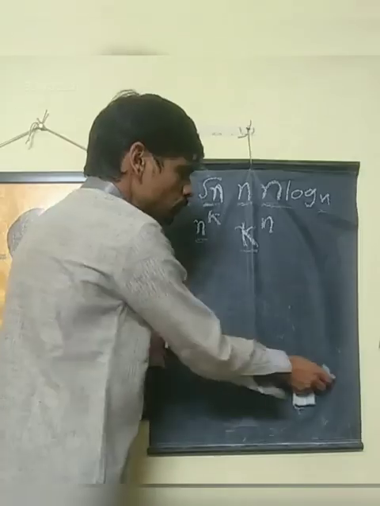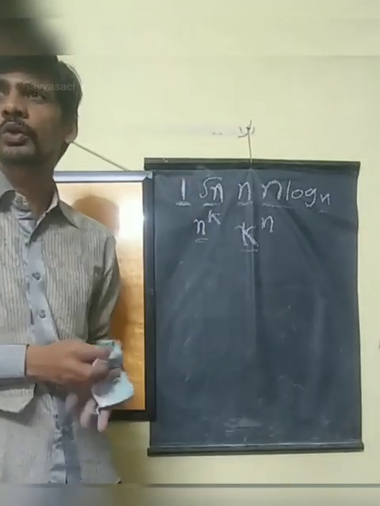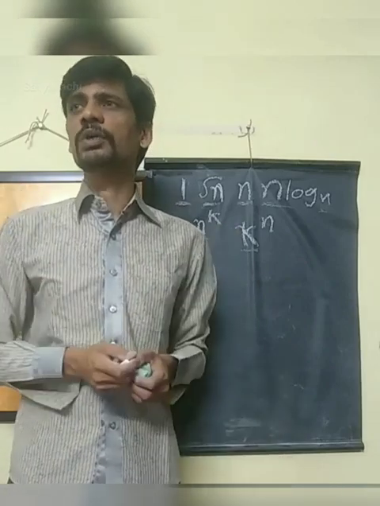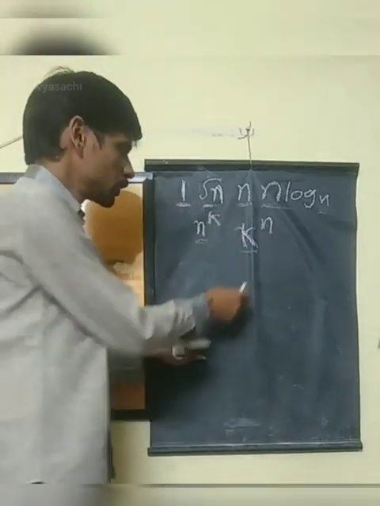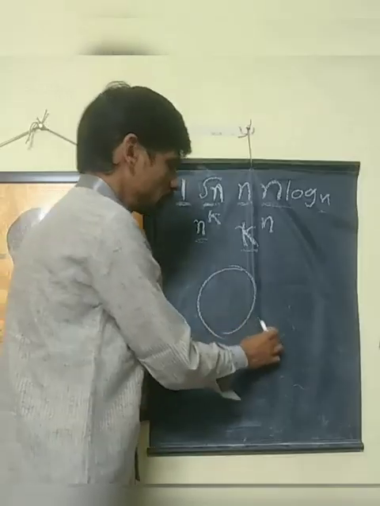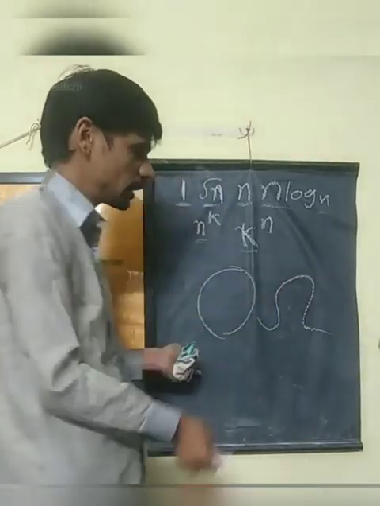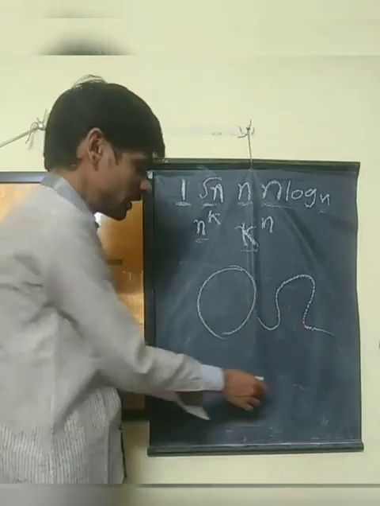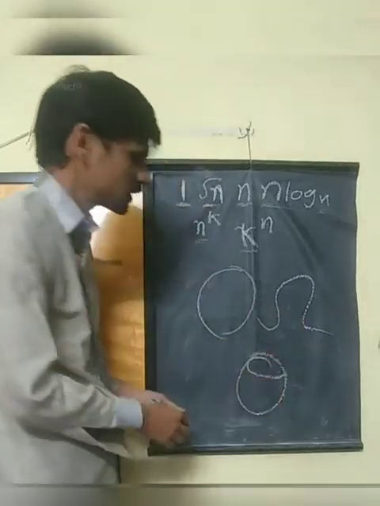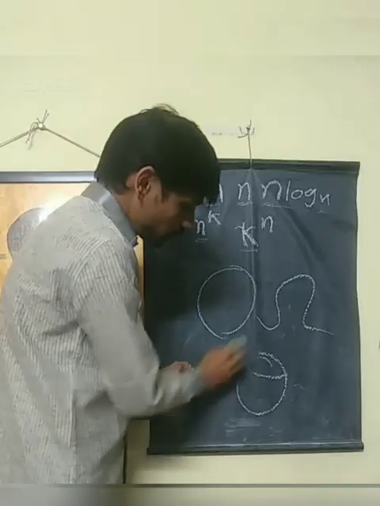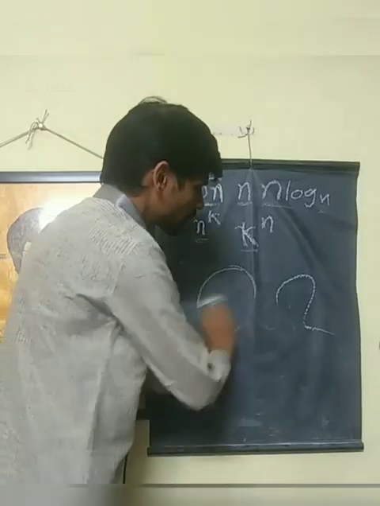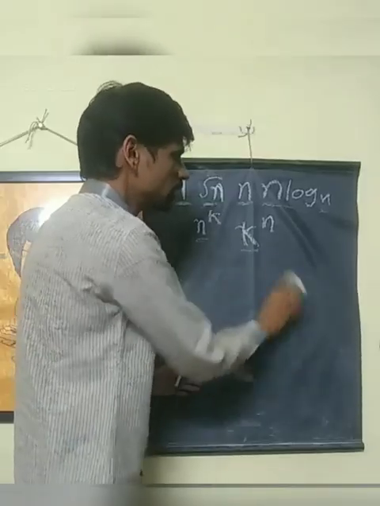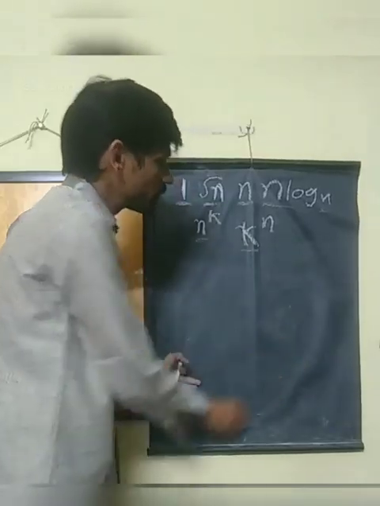So to make sure everyone follows the same way of representing the complexity, we have big O, big omega, and theta notation. We will learn what exactly is meant by these. Each of them we will explore in detail, so don't worry for now.